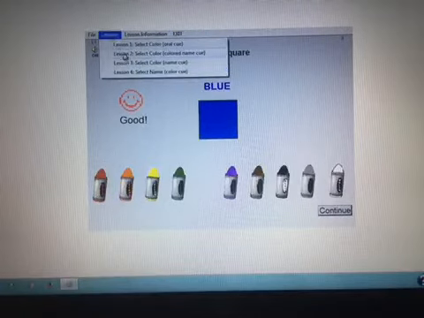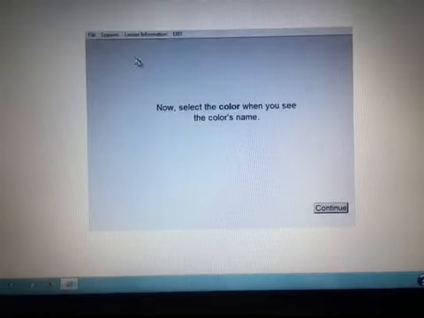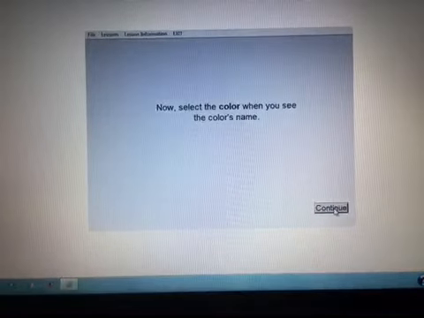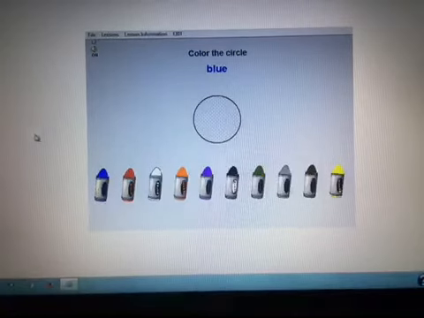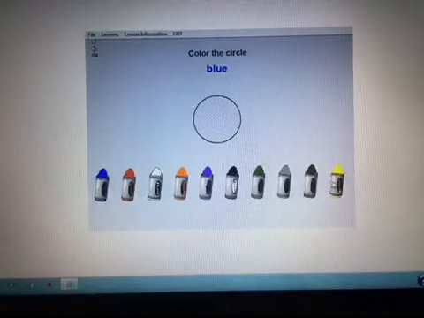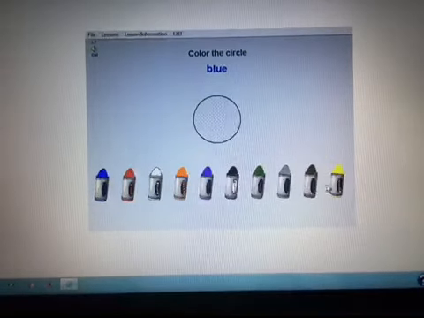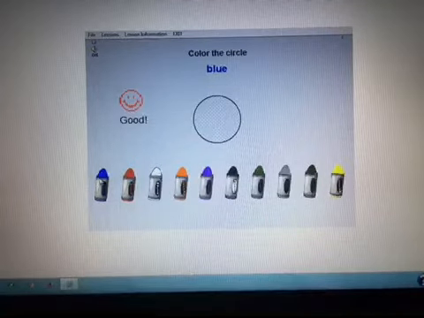Let's go to lesson 2. Now select the color when you see the color's name. Color the circle. And notice that we've rearranged the order so that they aren't cueing on the order of the crayon. And now we have a circle instead of a square. Good, blue.